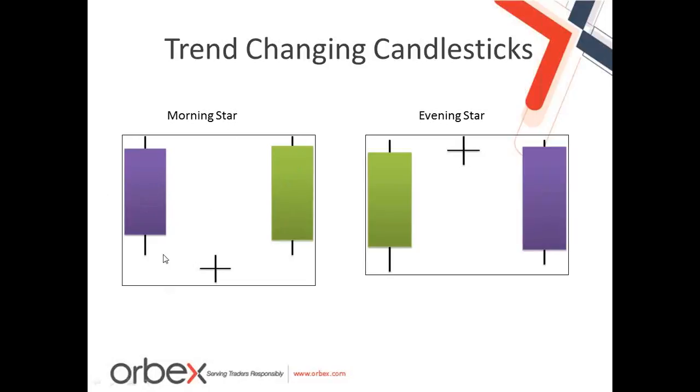And then, in exactly the same way, we have the evening star as a reversal pattern for an uptrending market. If the market is going up very powerfully, it's followed by an indecisive candlestick where the market could go either up or down, and then it's followed by a strong bearish candle.